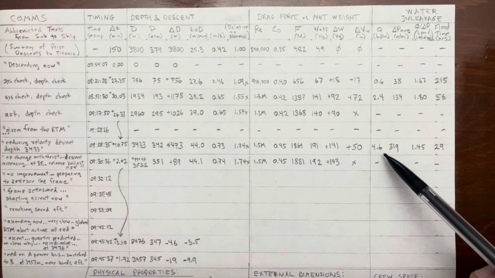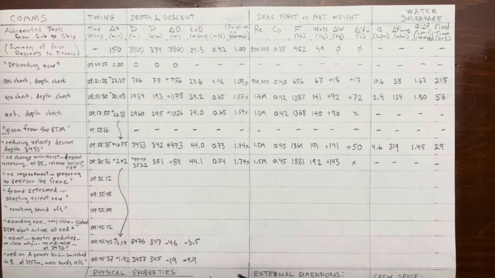At this ingress rate, you're basically adding another 4.5 kilograms per minute, just over 4.6 per minute. So as the minutes tick away, even if they had the vertical thrusters and did not implode, this number would have been dropping off rapidly. There's no way they could have surfaced in the amount of time they had left.